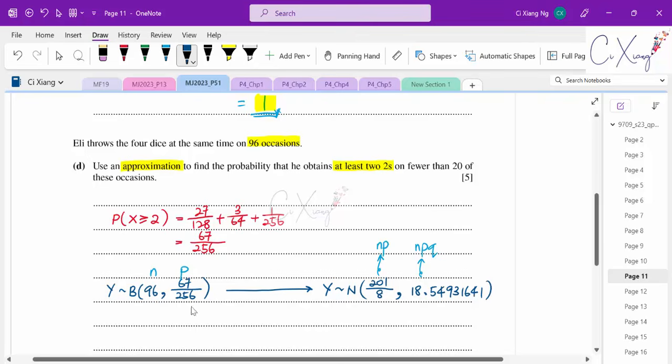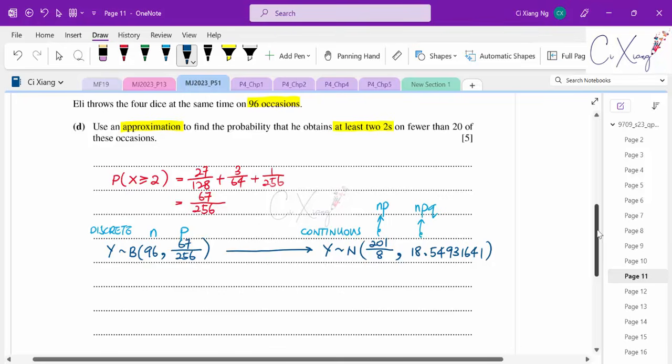Okay, so after I change binomial to normal distribution, please take note that binomial is a discrete random variable, while normal distribution is a continuous random variable. So from discrete to continuous random variable, when you want to calculate the probability, you have to apply the continuity correction.